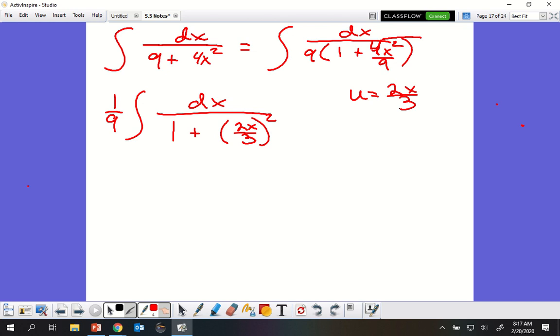So it's going to be du is equal to 2/3 dx. So I'm going to replace dx with 3 over 2 du, right? Because I'm going to multiply by the reciprocal here, right? So it's going to be 3 over 2 du.